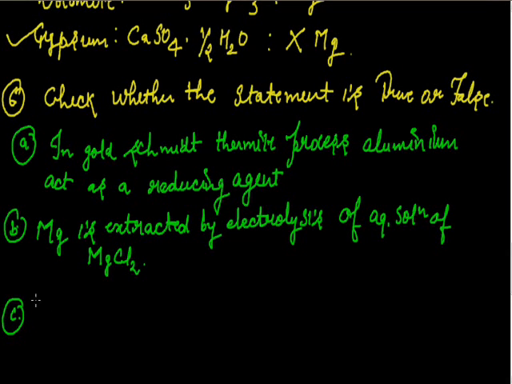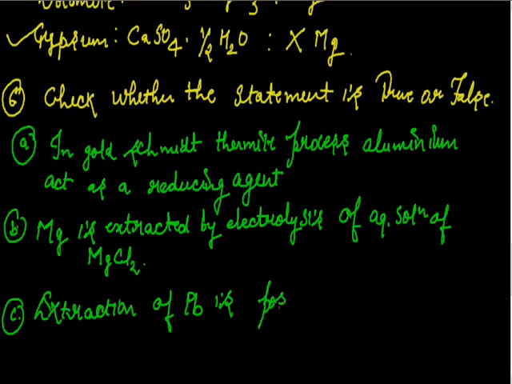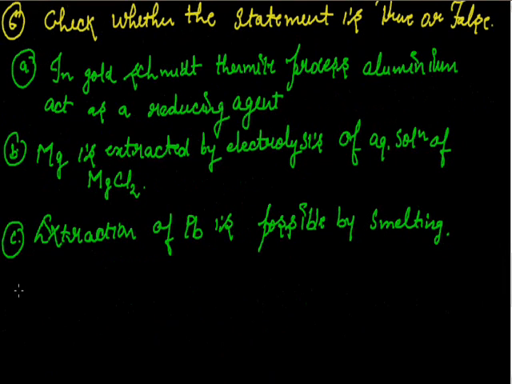C: extraction of lead is possible by smelting. And D: red bauxite is purified by the Serpeck process. Is each true or not?